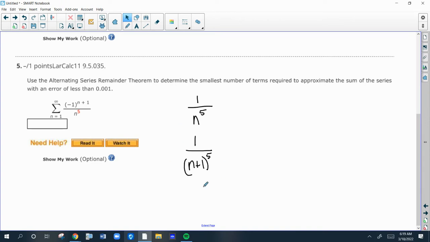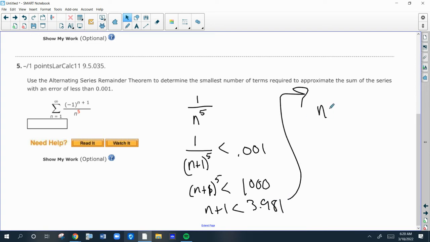But we need to figure out when this is less than 0.001. So I guess what I would do here is, on the calculator, I would reciprocate this. So that is 1,000. And now I would take the fifth root of both sides. So actually just raise that 1,000 to the 1/5. That's the quickest way.